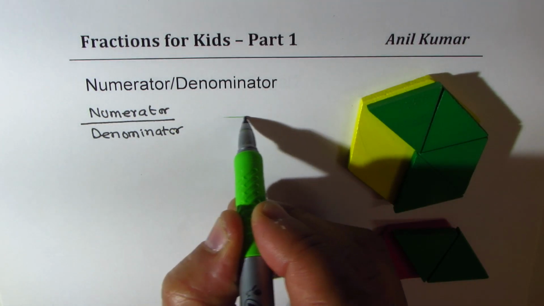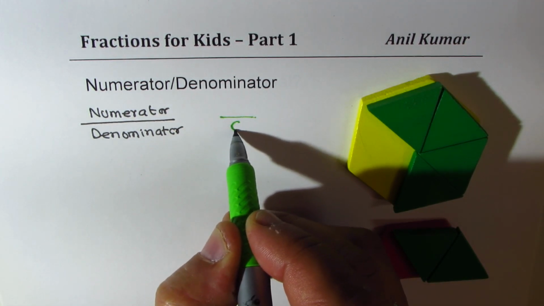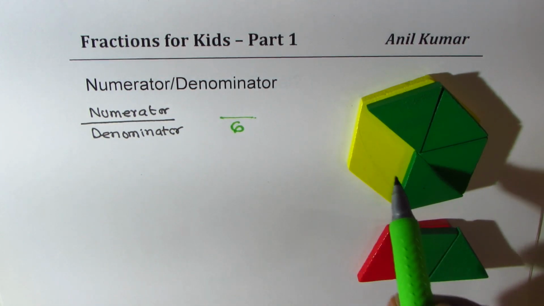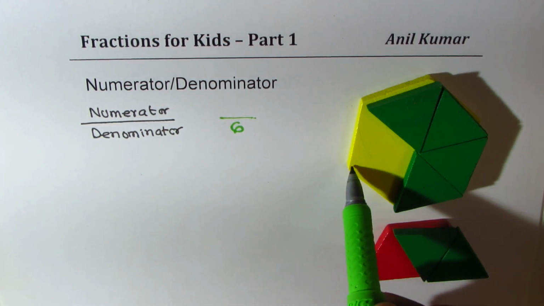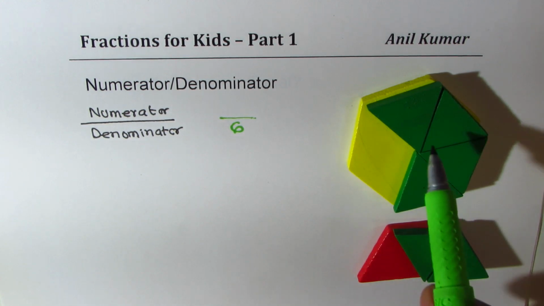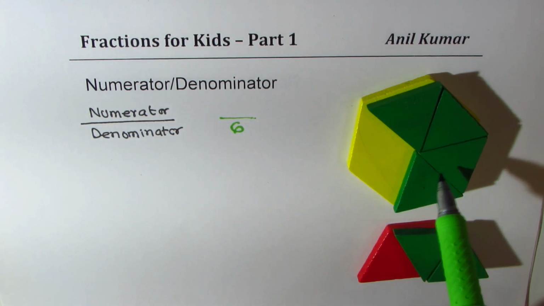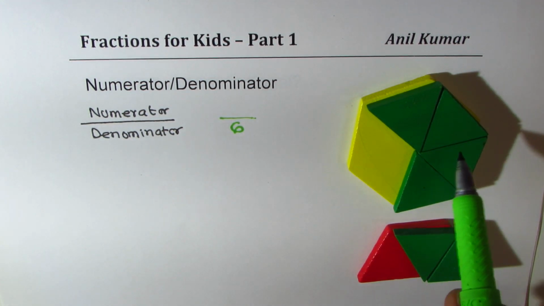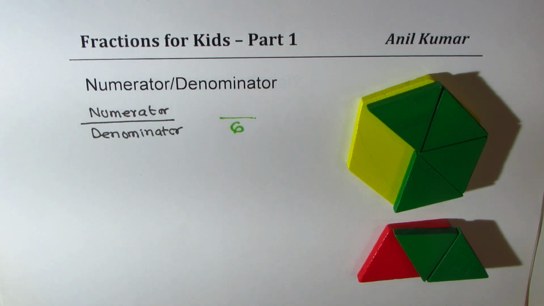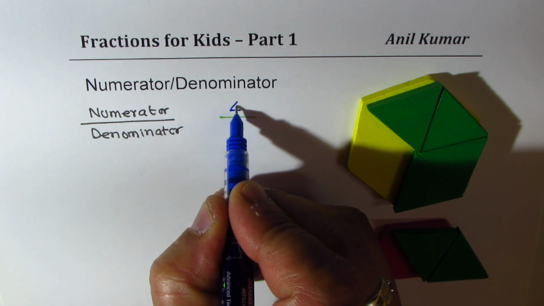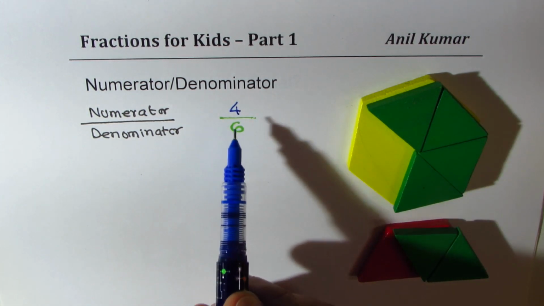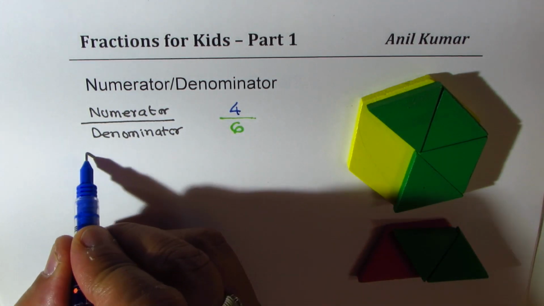So the number of parts we divide into, which is 6, comes in the denominator, right? So like this, 6 parts. Now how many do I have? I have only 4 out of 6, correct? I have only 4 out of 6. So the number 4 goes on the top. So 4 out of 6 is what I have.